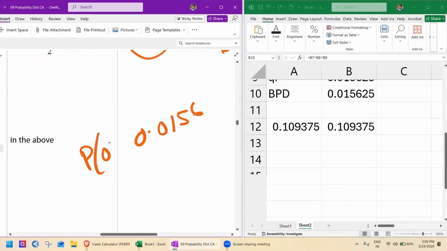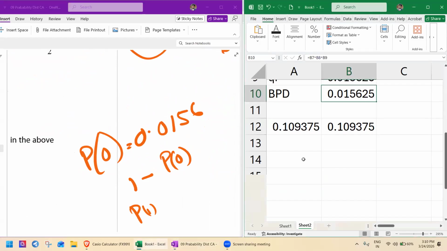Probability of getting 0 heads. Then 1 minus probability of 0, you will get what? Probability of getting at least 1 head. So simply 1 minus this value, you can get 98.4375%.